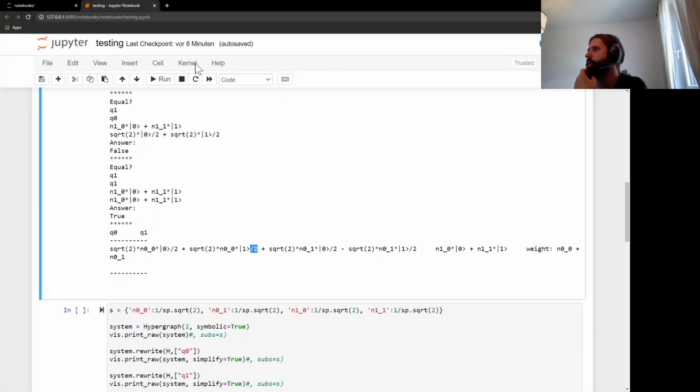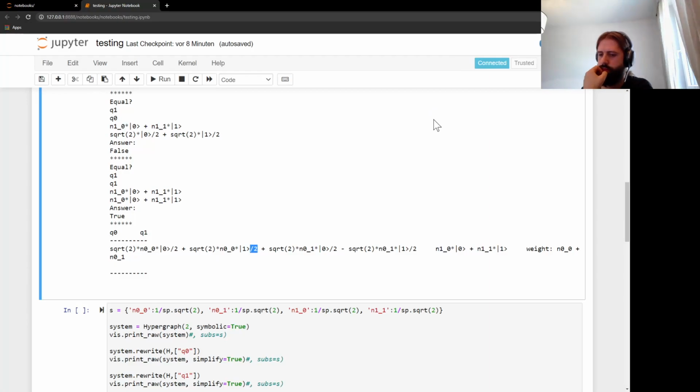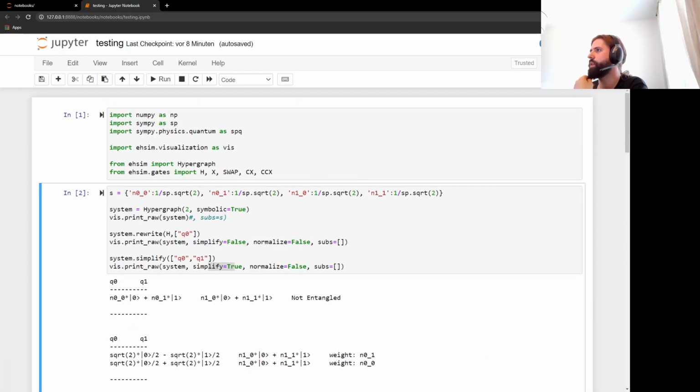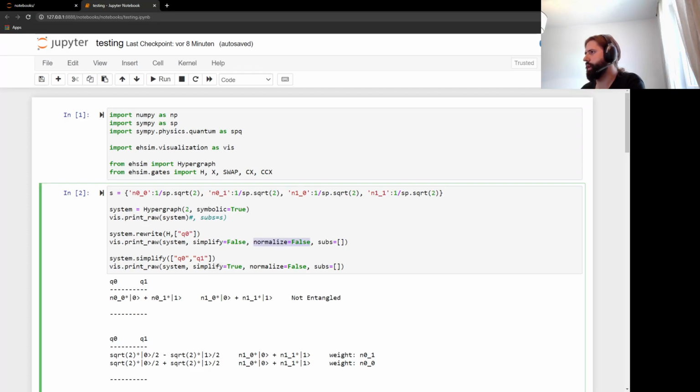Let's see what happens now. Because then basically the normalize goes away. Simplifies true.